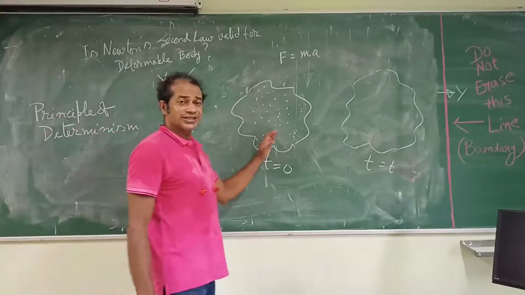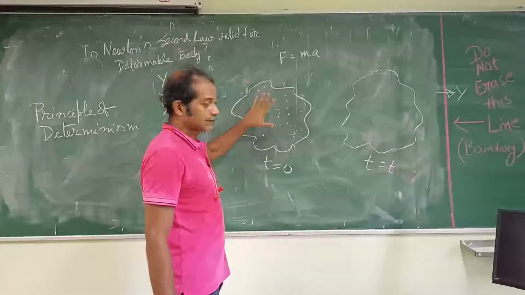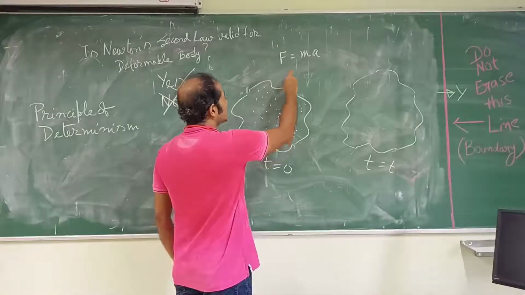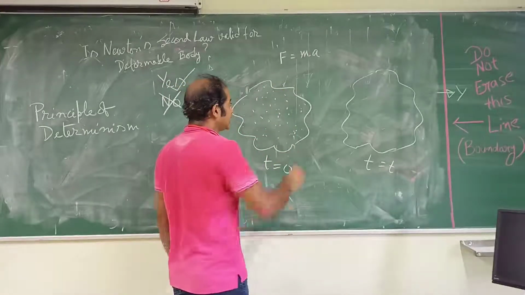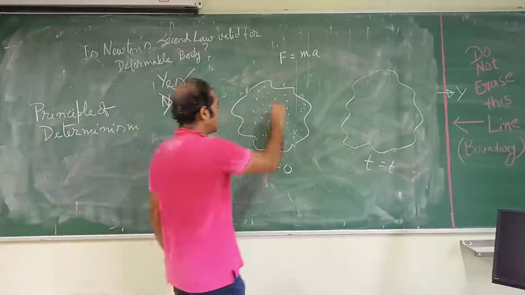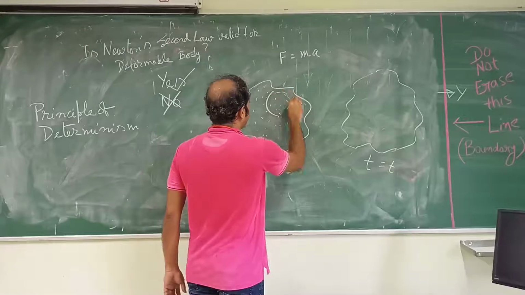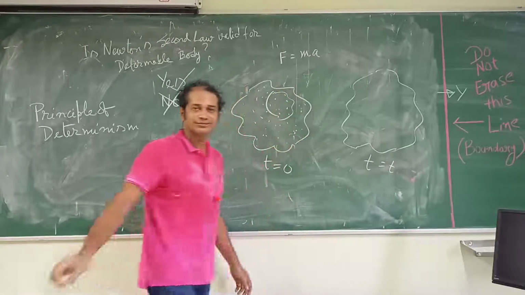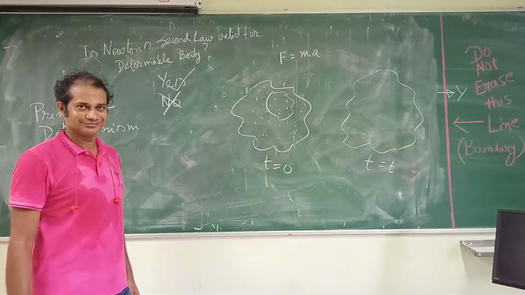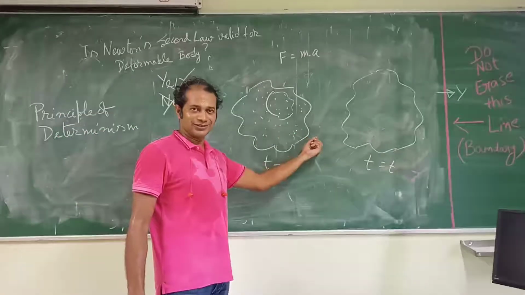So you understand that if I am going to consider a deformable body, this Newton's second law is valid for the whole body, any part of the body, and any point on the body.